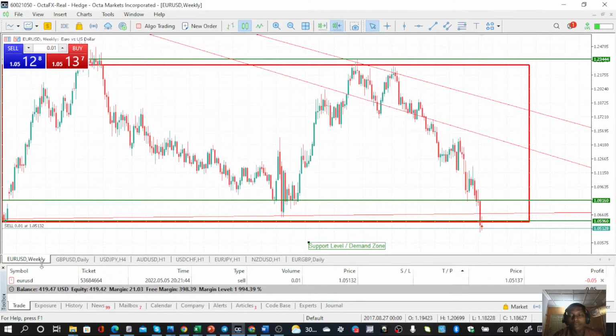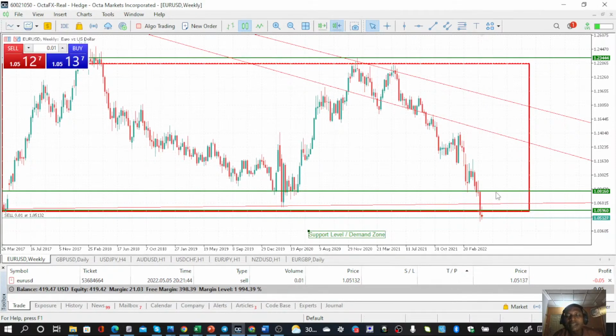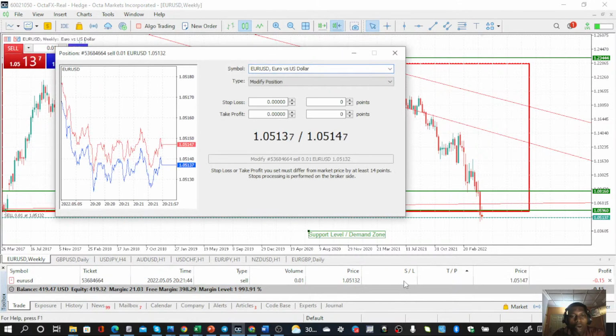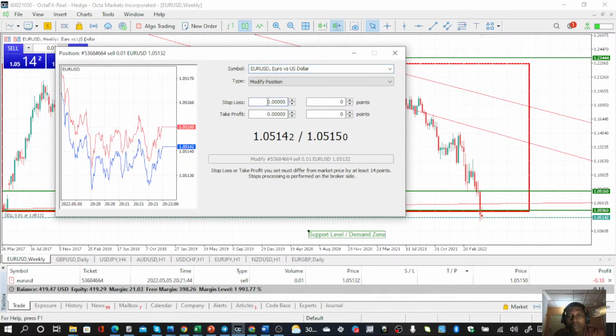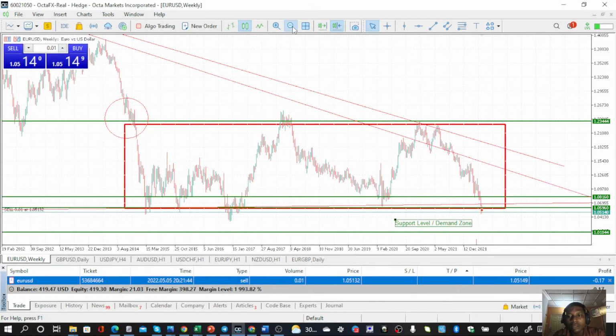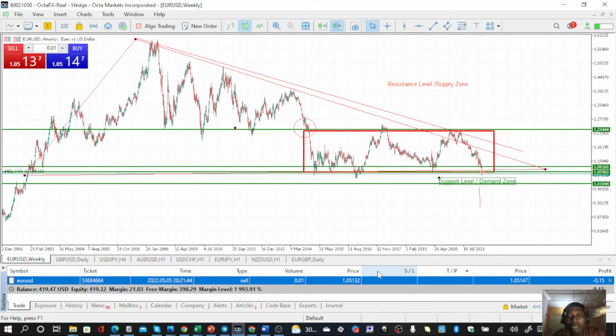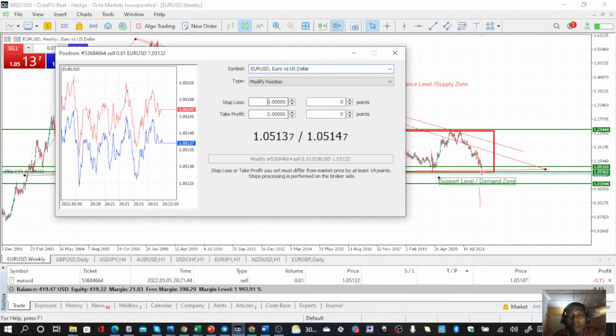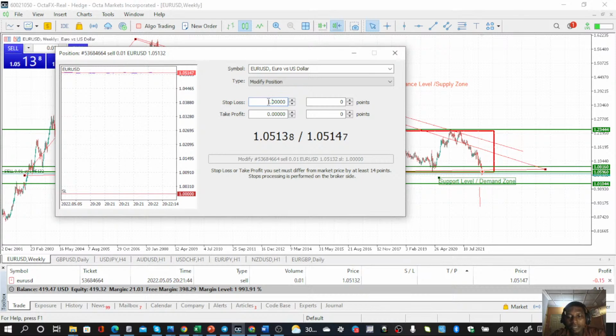So I'm shorting this market with my stop loss at 1.0816 and my take profit at 1.01044.